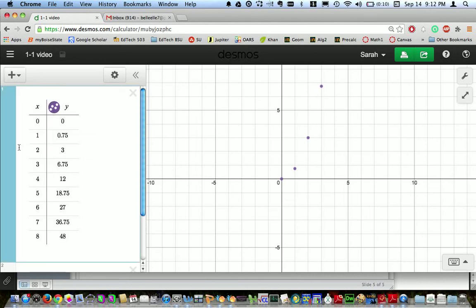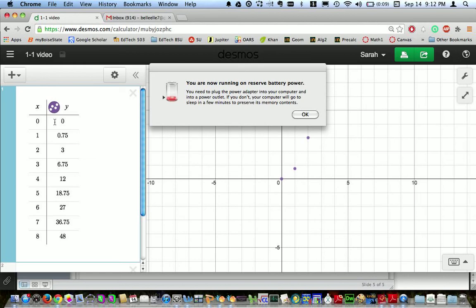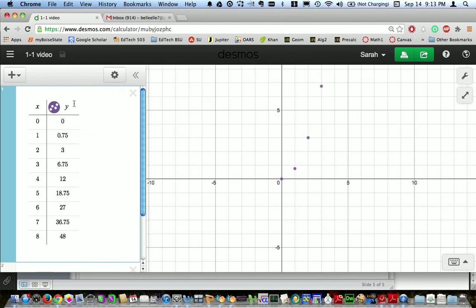So I copied this information that was in there, and then it'll plot it for you. And so you can see those purple dots. If you ignore the "you're now using reserve battery power" thing. There we go. Okay, so there's my dots right here.